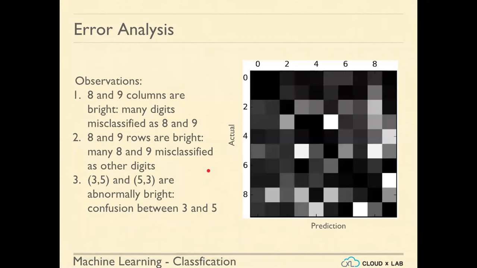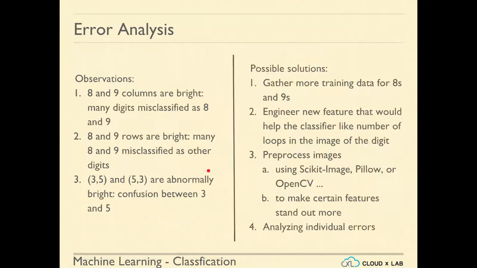The possible solutions that we discussed were: gather more training data for the digits that have more confusion. If our classifier is getting confused between those digits, gather more data.